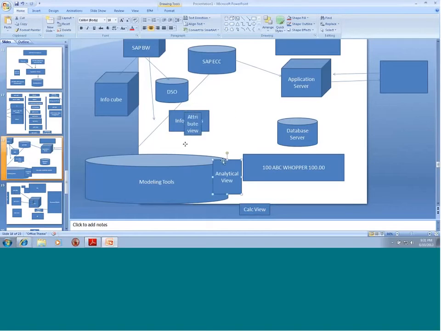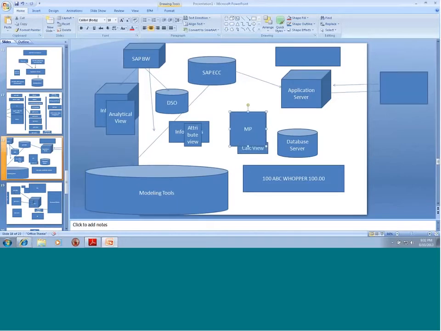An analytical view is nothing but an info cube in BW terms. A calculation view is nothing but a multi-provider that is created in a SAP BW system. So for right now, HANA is using all the BW concepts that are available in the market. It is using the existing concepts that are available in SAP BW, like the info cube, DSO, info objects, multi-provider, and it is mimicking that functionality in an SAP tool.